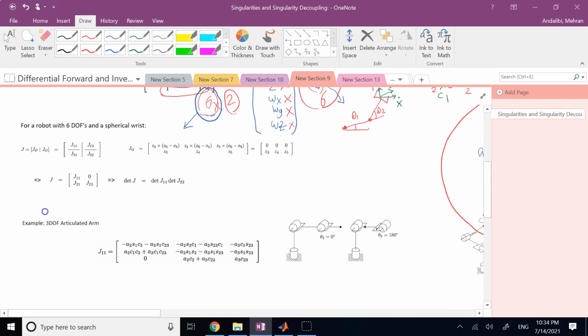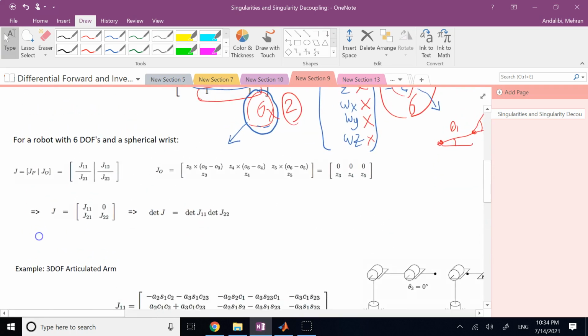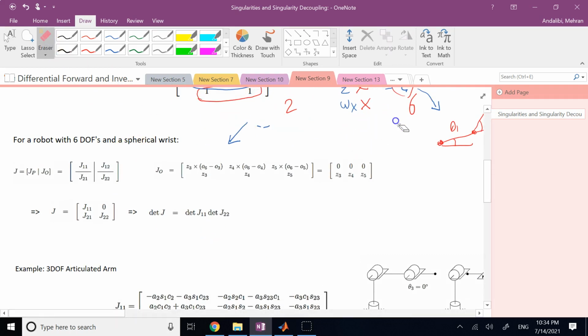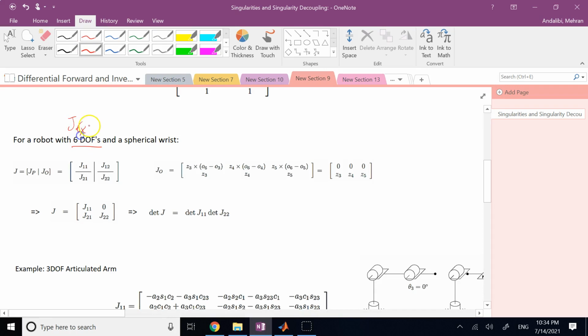Now, very fast, I want to talk about another topic, and that is called decoupling of singularities. What does that mean? Well, if and only if I have a 6DOF robot and it has a spherical wrist, so I have some condition. My robot has 6DOF, so my J is 6 by 6, and it has a spherical wrist.